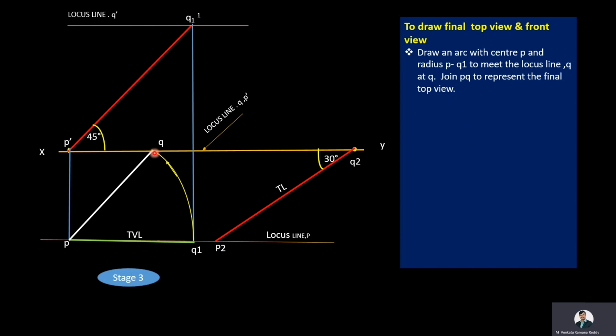After that, we'll recollect the basic concept from the basic problem. That is, the end projectors, say P dash and Q dash, are parallel to each other.